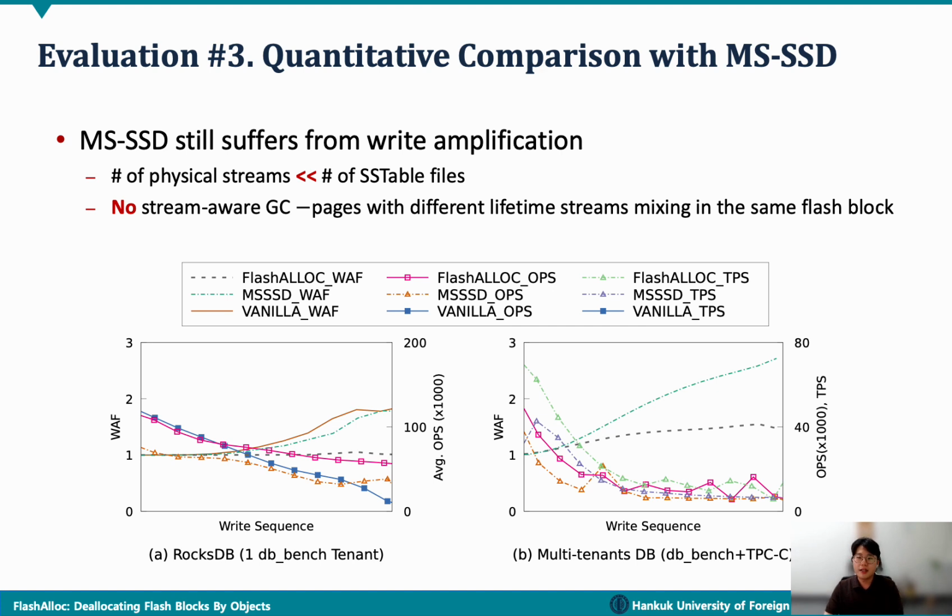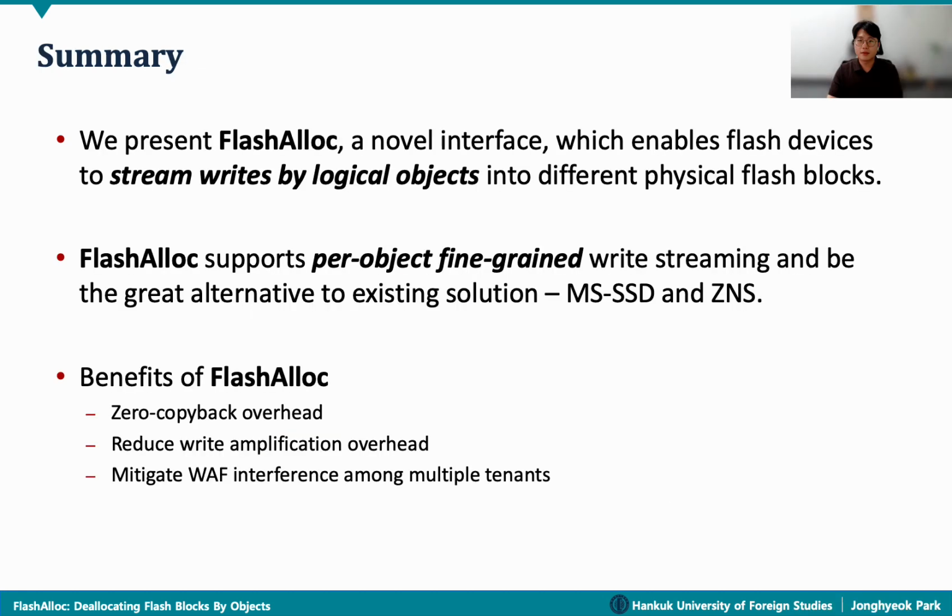Furthermore, there is an absence of stream-aware garbage collection. That is, pages from streams with different write times are mixed in the same flash blocks. As a result, multi-stream SSD still suffers from write amplification, which is worsened in multi-tenancy. However, FlashUnlock offers fine-grained allocation with the garbage collection by block type scheme. Therefore, this effectively eliminates the write amplification.